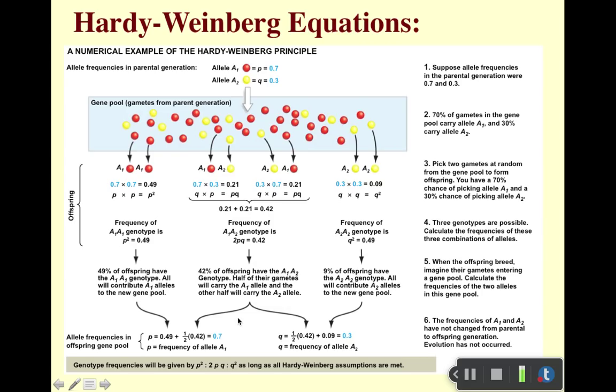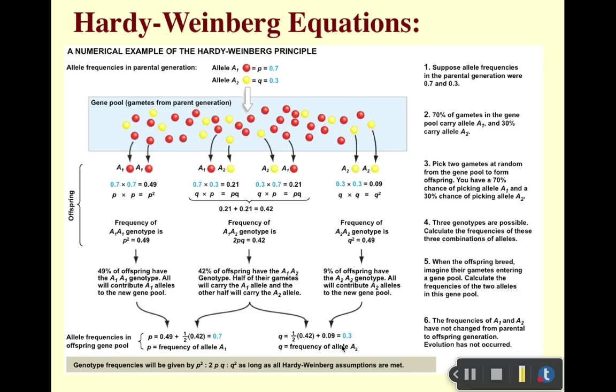And then if you run through the numbers again, essentially what you find is that in the gene pool of the offspring, the frequency of the red allele remains at 0.7 and the frequency of the yellow allele remains at 0.3. So the bottom line is that the frequency of the alleles remains unchanged generation after generation. Again, that's if all of the assumptions for Hardy-Weinberg were met.